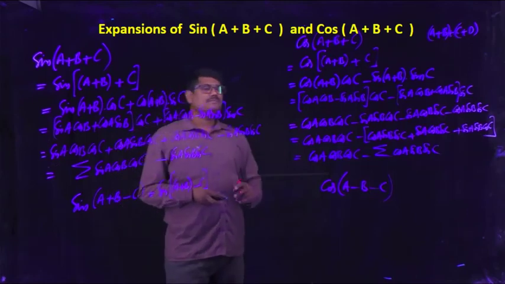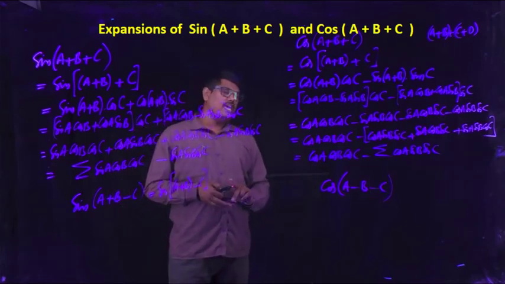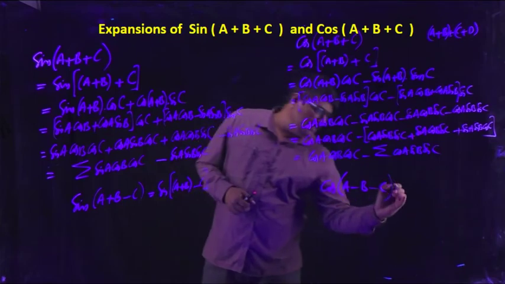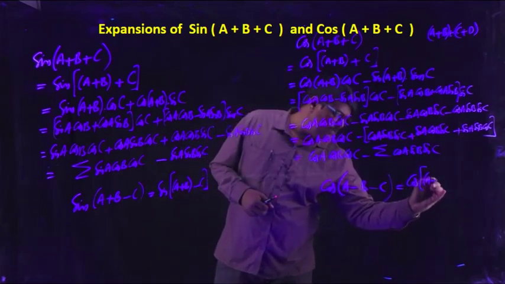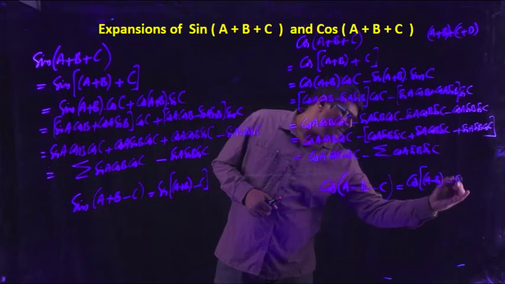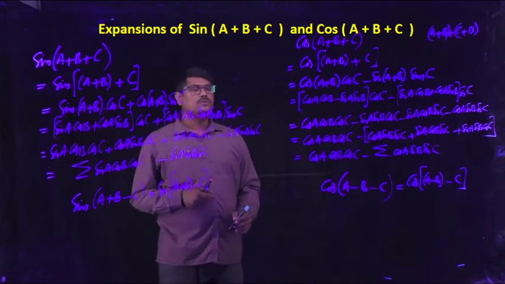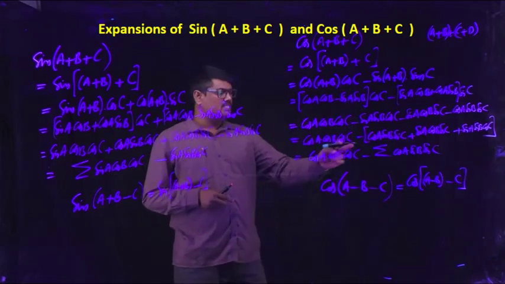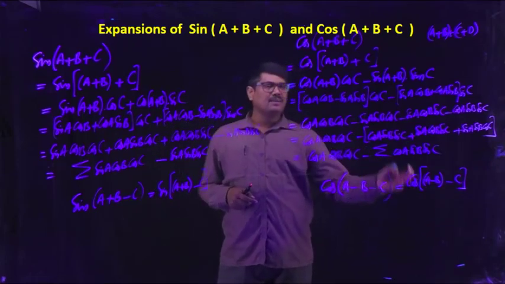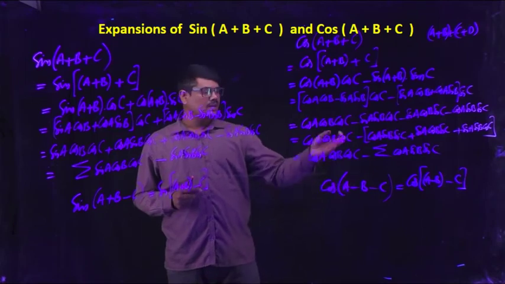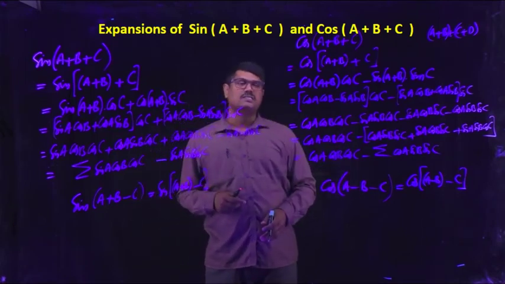Try this one, cos(A−B−C). Let me write the first step. First write that one as cos(A−B) and take minus C as the second value, which seems to be cos(A−B). Use the cos(A−B) formula, expand, then write the remaining formulas, and for the final simplification you will get the answer.